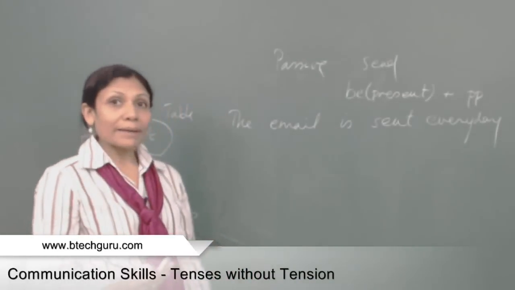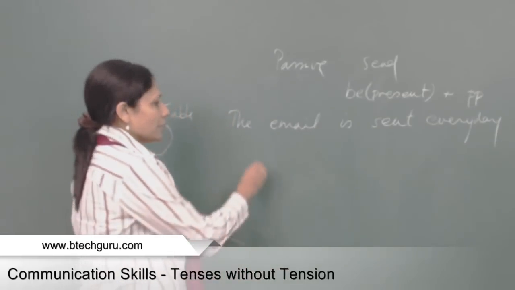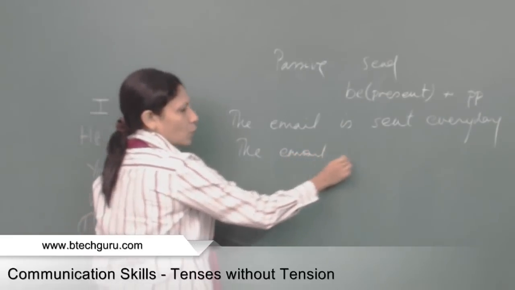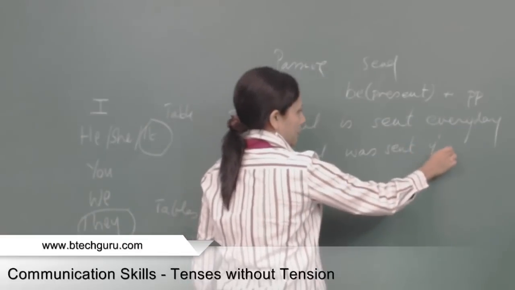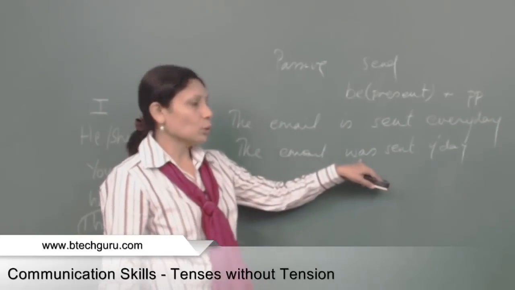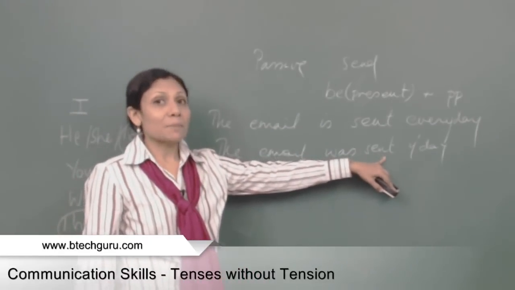Now one more angle to passive is passive past. Now this will be: the email was sent yesterday. Now if you look at that sentence, this is nothing but the past tense of the be verb and the past participle.